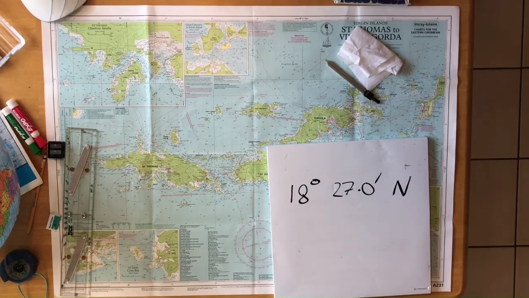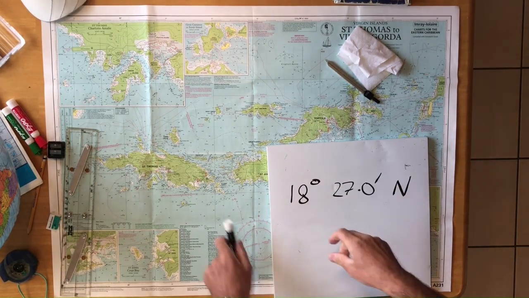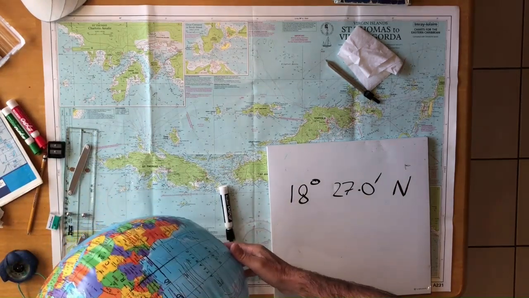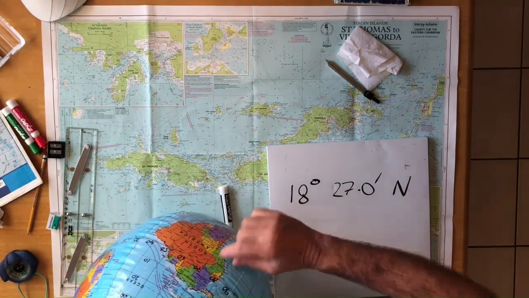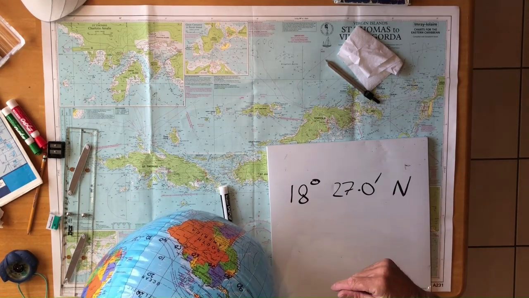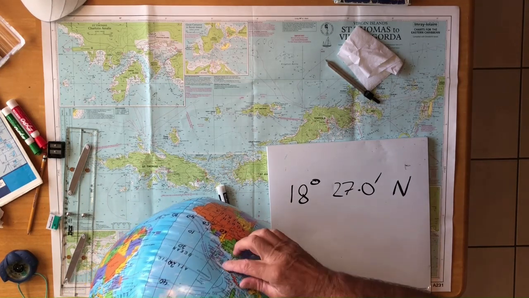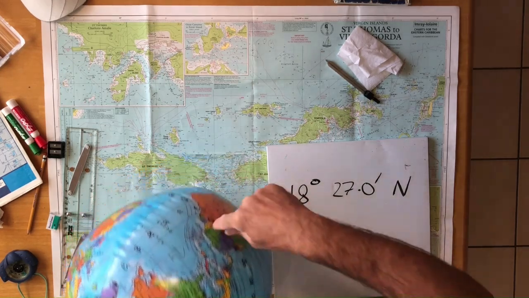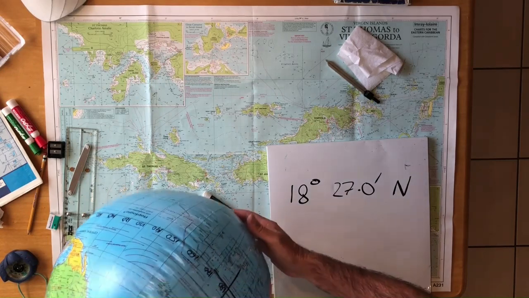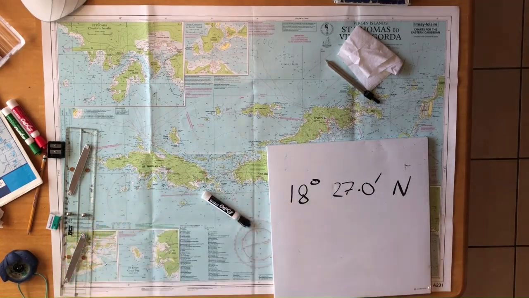So that's my latitude. And if it was the Coast Guard I was calling and I was saying, hey, Mr. Coast Guard, I'm in trouble, I'm at 18 degrees 27 minutes north, about here, he would say, okay, that narrows it down to about 23,000 miles. Can you give me a cross-reference? And we go, of course we can. We're going to give you a longitude.